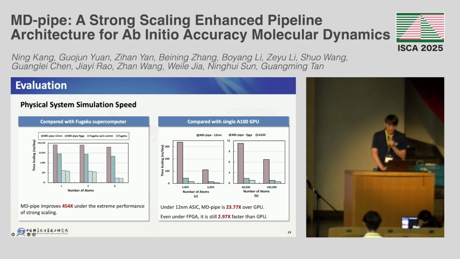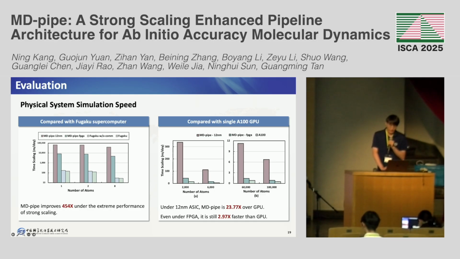We first compare it with supercomputer platforms under extreme strong scaling conditions. MD pipe achieves a 454 times speedup compared to the total work in the Fugaku supercomputer. Now, look at the comparison with the A100 GPU.